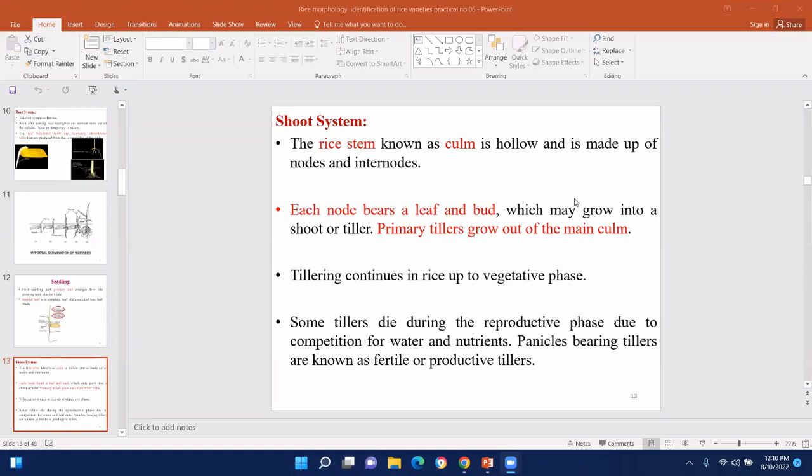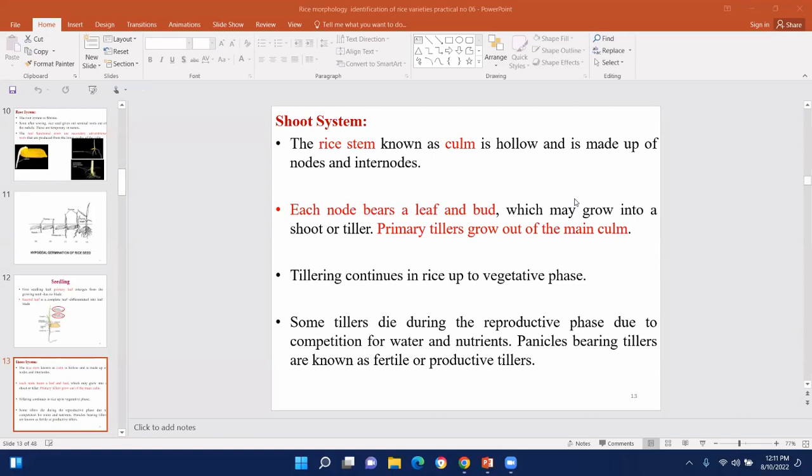Each node bears a leaf and a bud, which may grow into a shoot or tiller. Primary tillers grow out of the main culm. Tillering continues in rice up to the vegetative stage. After the vegetative stage, no more tillering develops.